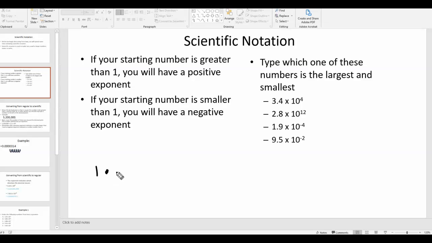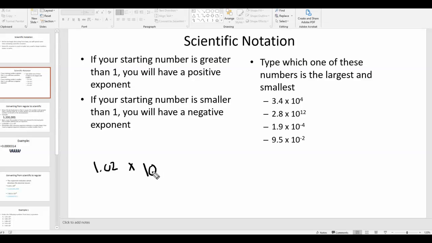And then you can have however many numbers you want to the right of the decimal point. So let's say I have 1.02. Let me rewrite that actually. Okay, so 1.02. Then that number is multiplied by 10 to some exponent. Okay, now the exponent can be positive or it can be negative.